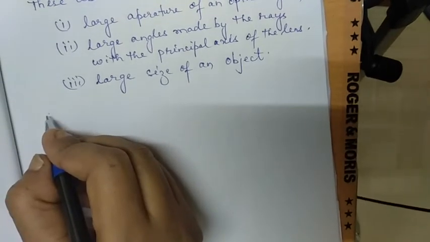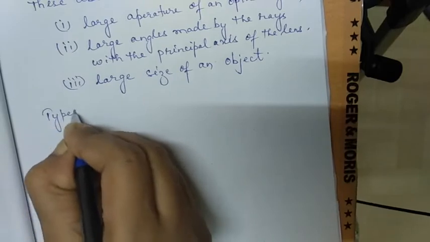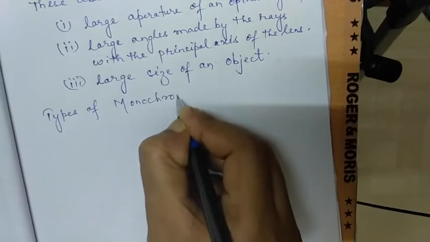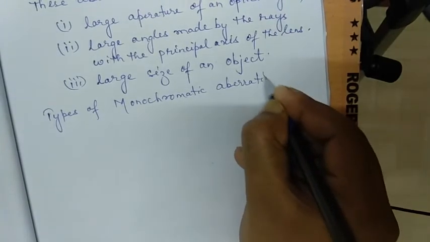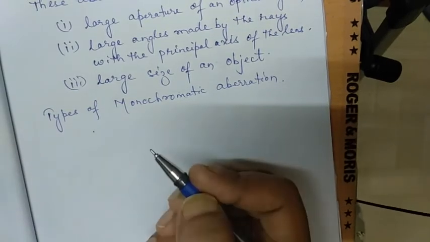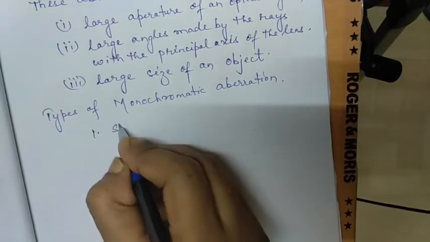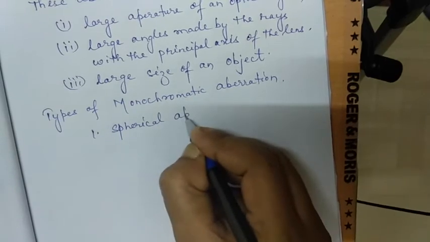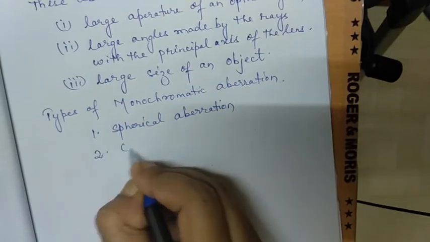Now let's come to the types of monochromatic aberration. There are 5 types of monochromatic aberration. First one is spherical aberration. Second one is coma.